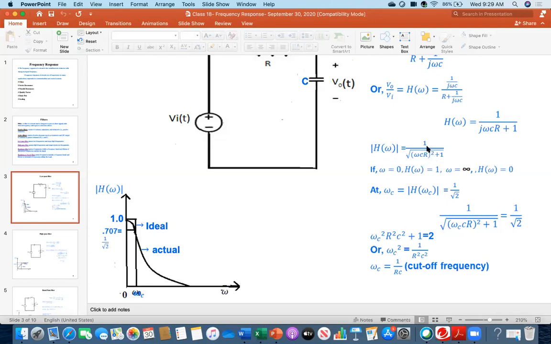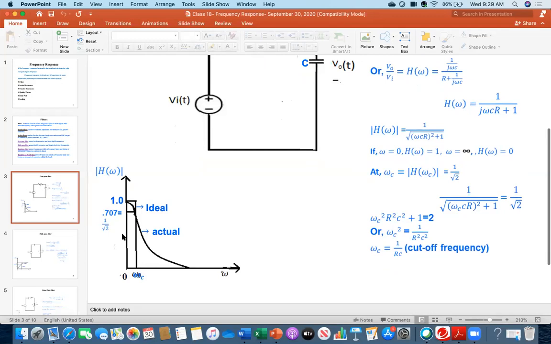So what is the result? 1 over infinity means that it will be 0. That's why when the frequency is very high, which I am assuming is equivalent to infinity, it became 0. And then there is one point here, look at this plot: around that point there is a value which is 0.707, which means 1 over root 2.